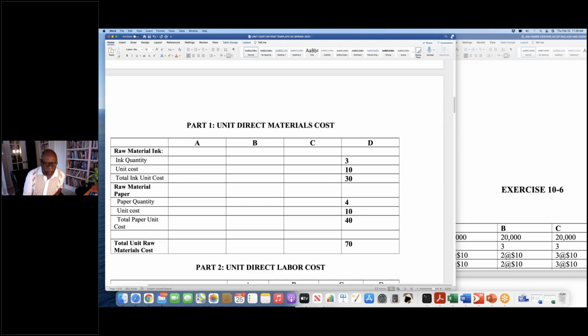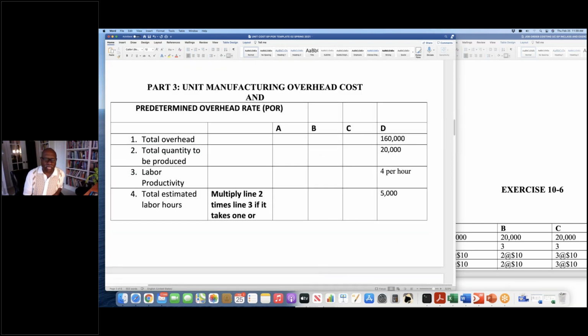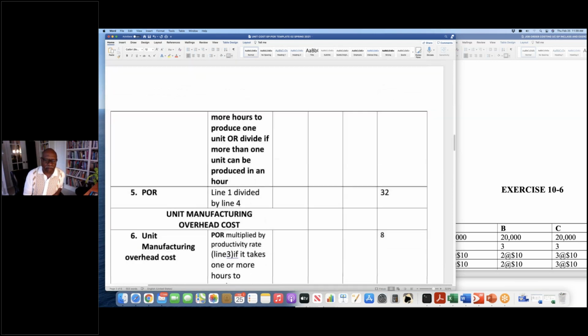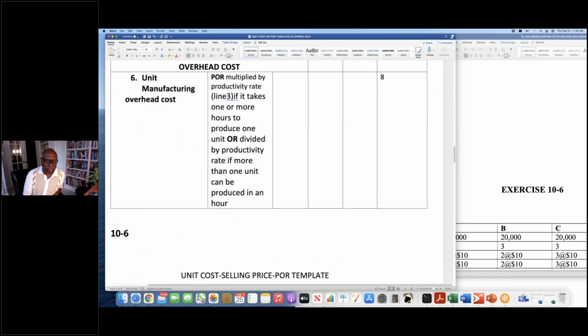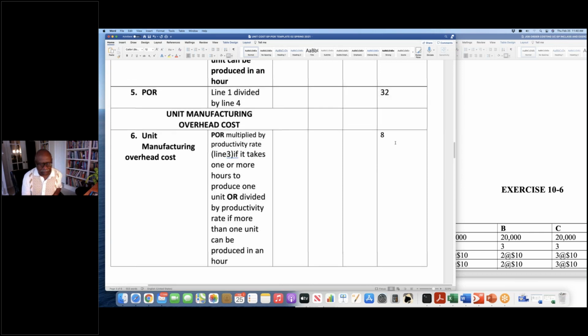Direct materials, direct labor, manufacturing. I've got big writing and it's spaced out, so you can go through and do this.